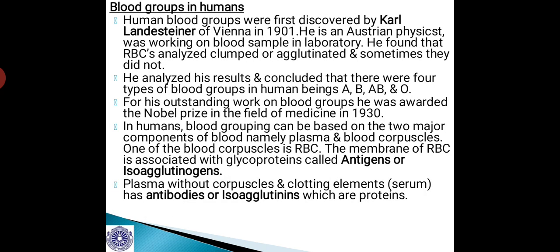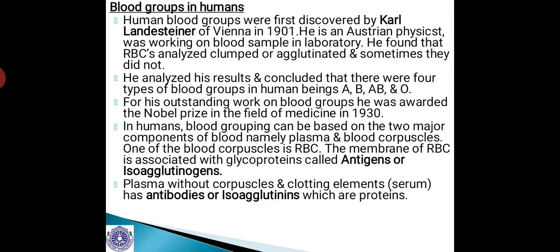The best example, we'll discuss it now, that is blood groups in humans. You know, human blood groups were first discovered by Karl Landsteiner of Vienna in 1901, an Austrian physician who was working on blood samples in the laboratory. He found that RBCs sometimes clumped or agglutinated, and sometimes they did not.